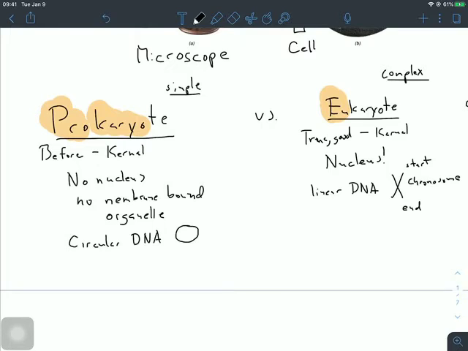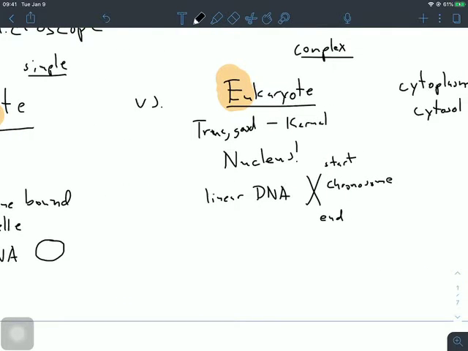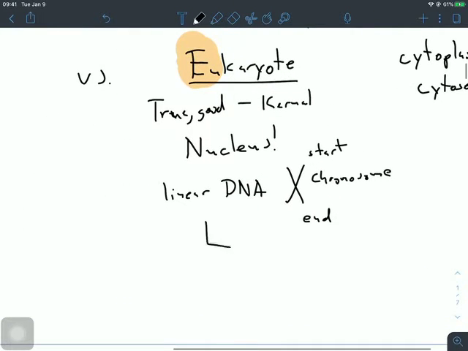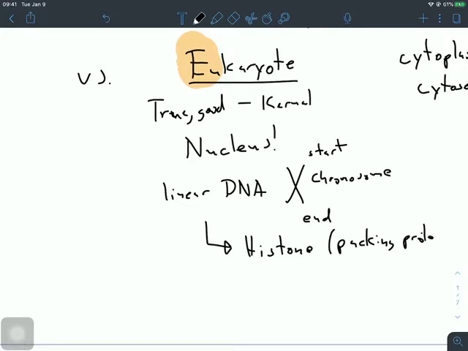We also, in those linear DNA strands of eukaryotes, they are organized with histones. These are packing proteins for our massive chromosomes. To keep things organized and from getting tangled, you can think of that linear DNA as a set of headphones in your pocket.